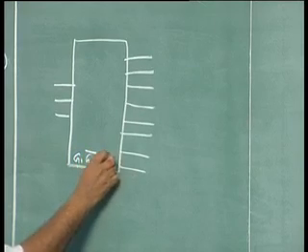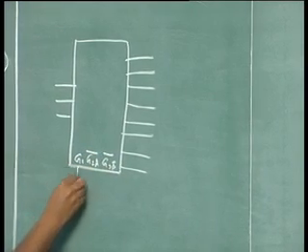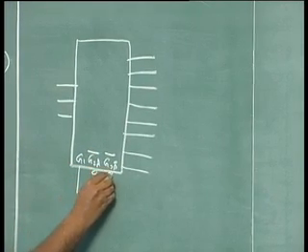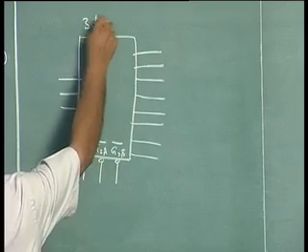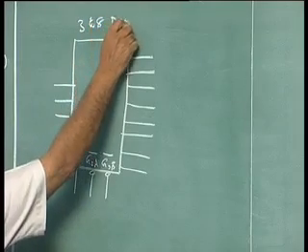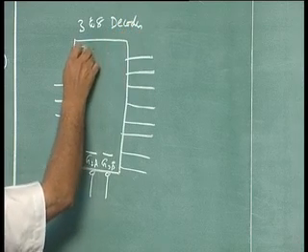G2A and G2B are active low, G1 is active high. So, if this circuit works normally, this is a practical 3 to 8 decoder. Actually, I can give you the IC number if you want to, it is 74138.